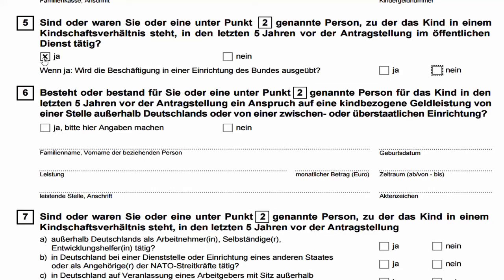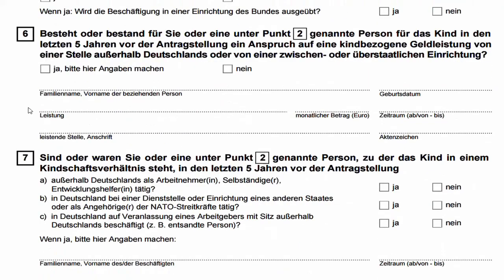In part 6, it asks whether you or another person whose details are mentioned in part 2 of this form received, or had the right to receive, in the last 5 years before this application was made, child benefit from outside Germany, from another country, or from an international or supranational institution.